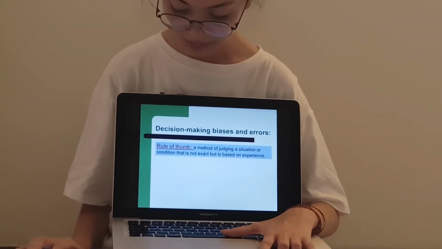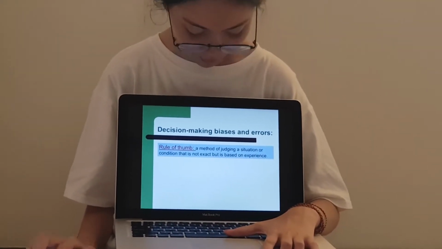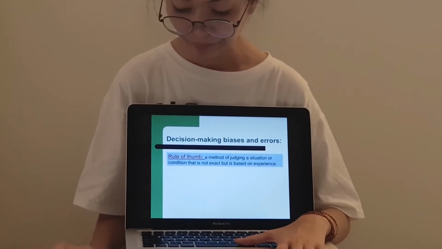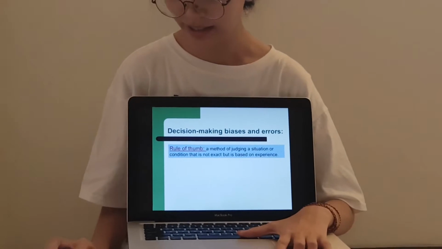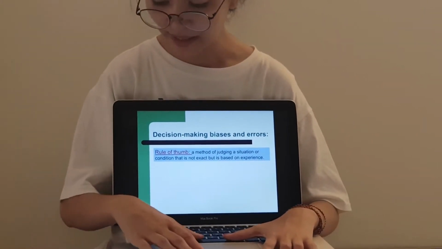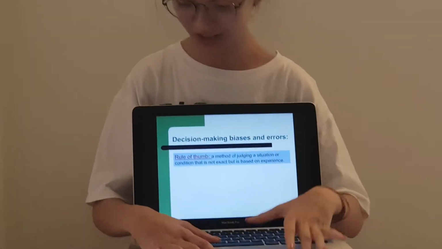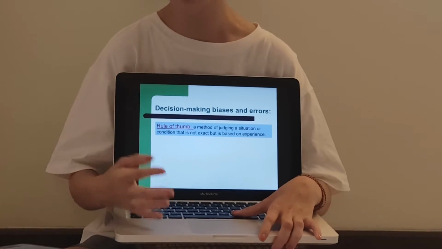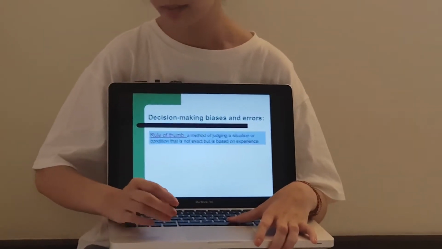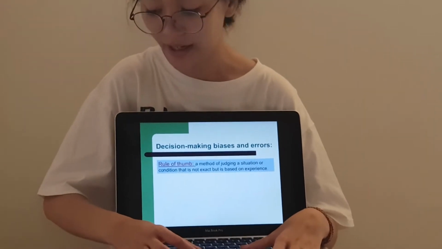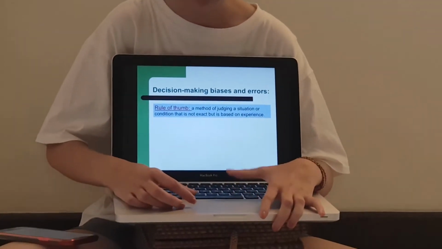These rules can help us make sense of complex, uncertain, and ambiguous info, but they are not really reliable, for they may lead to errors and biases in processing and evaluating the information.